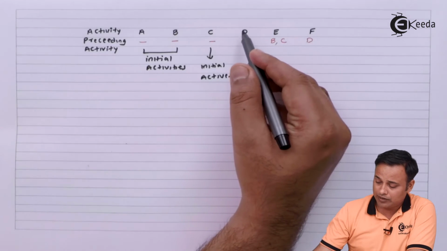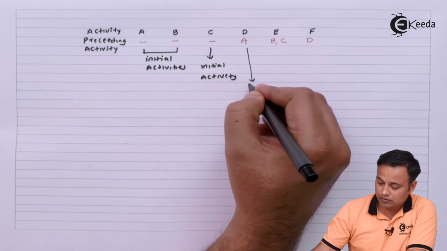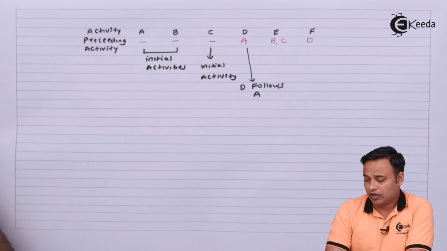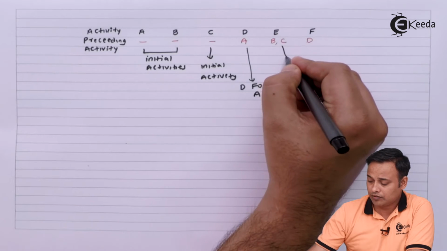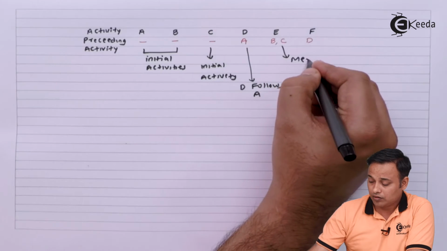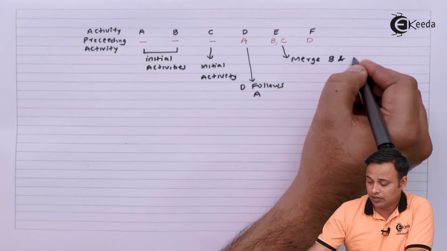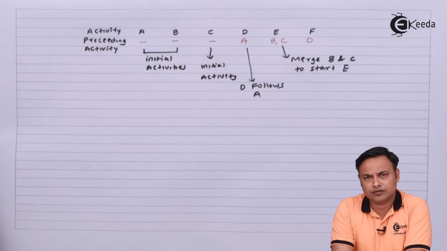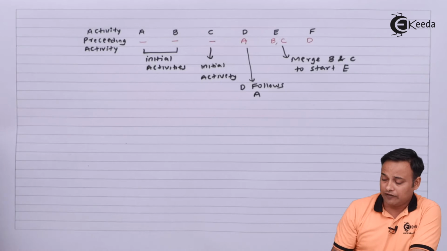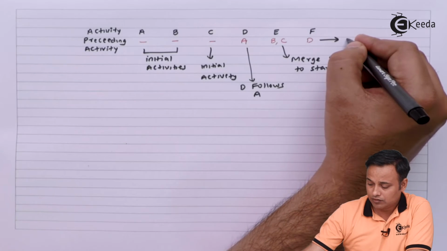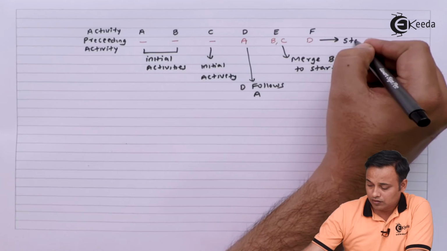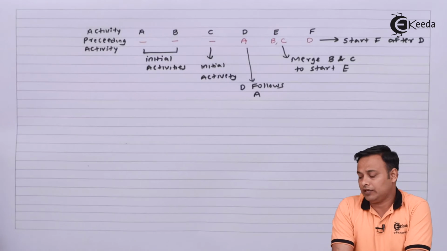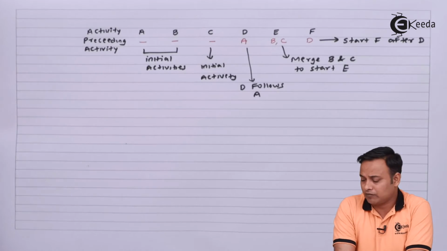Then after A comes your D. D follows A, and we need to merge B and C to start with E, and after D start F. So this is what we can interpret from the question.